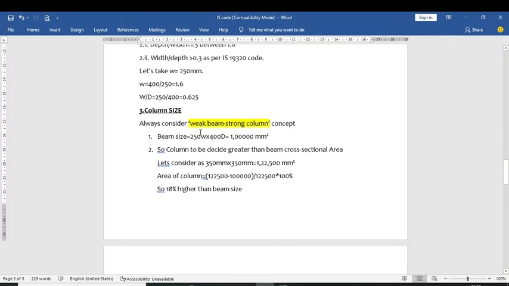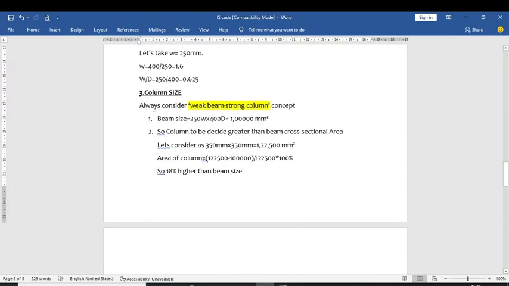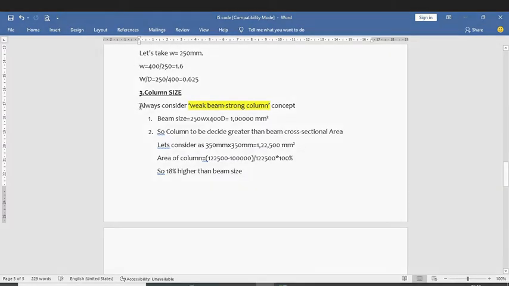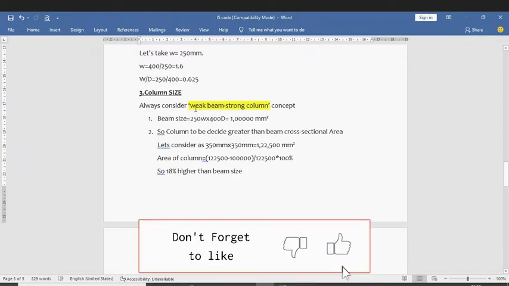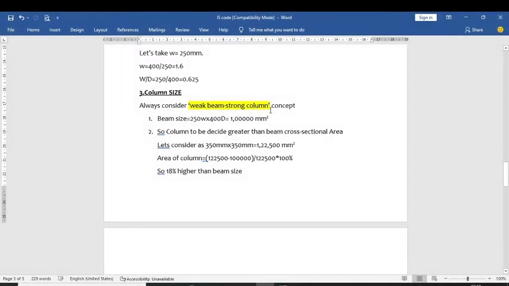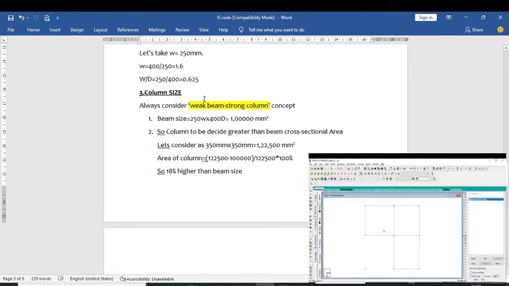So for column size, during the time of analysis and designing, you need to consider the weak beam strong column concept. In most of the books, authors have always suggested this concept, because during a seismic event your beam may fail, but your column should not fail.